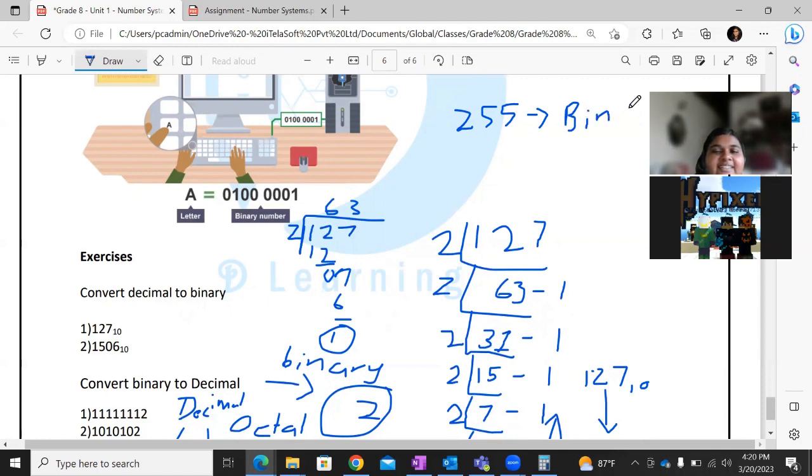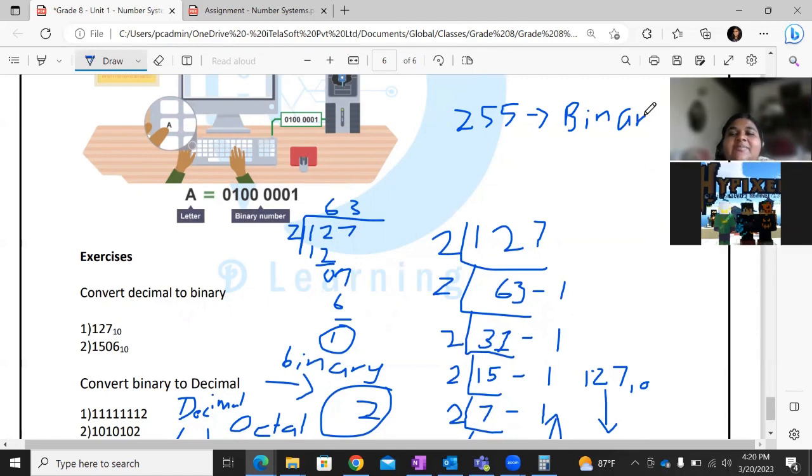That's the main point of doing this. 255 decimal to be converted to binary. Slowly do it the same way like this division. Divide it by 2 and we can find.